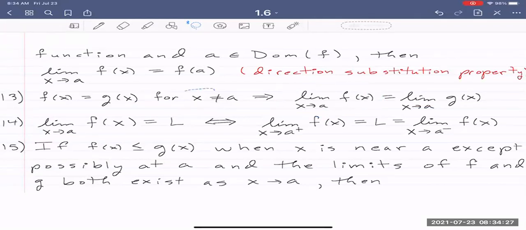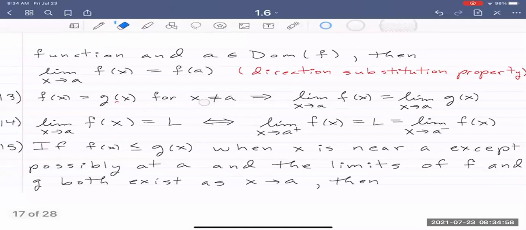Actually, this could be for all x in a deleted neighborhood of a.